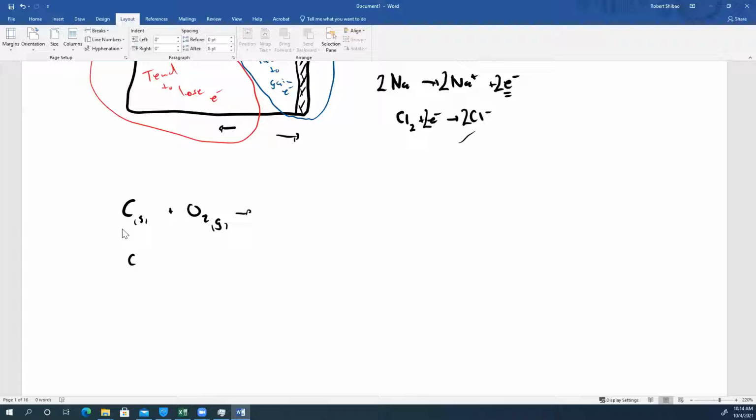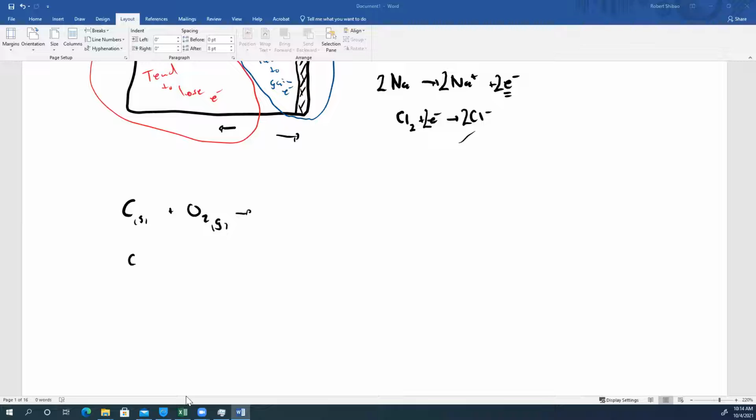Let's see. Actually, four. If it lost all 6 of its electrons, that would be tough to do in this case. But it could lose up to 4. Even losing 4 electrons might be tough to do.